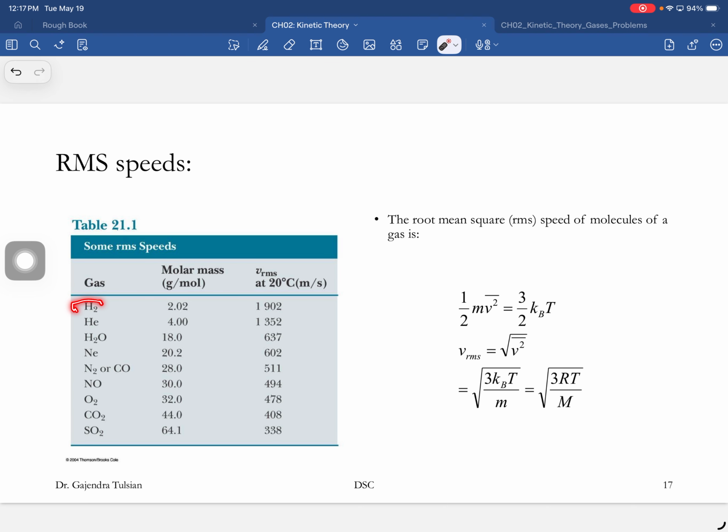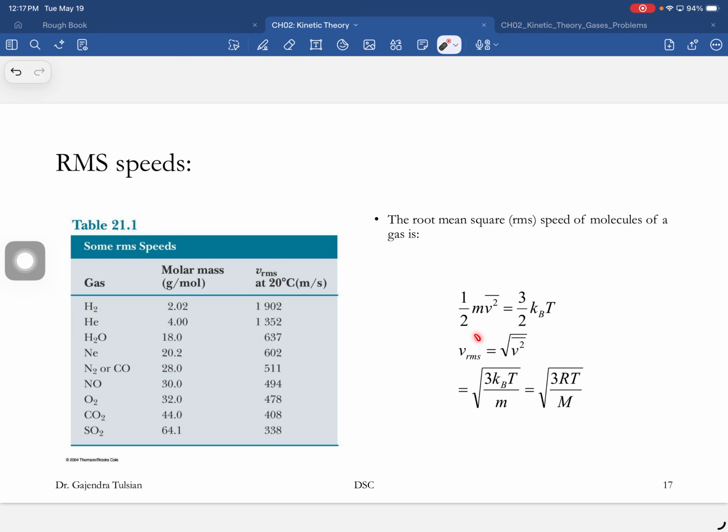If this room was filled with hydrogen gas, the hydrogen gas would be traveling at 2 kilometers a second. It would be going from here to Benares in 1 second. This room is full of oxygen and nitrogen, and these molecules are traveling at 500 meters per second. They're going from here to Riddle in 1 second. So that's the average speed of the molecules here.